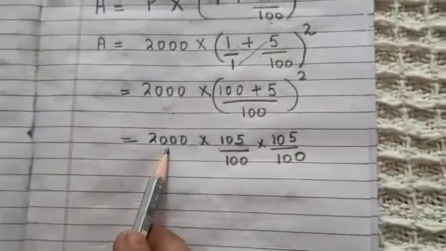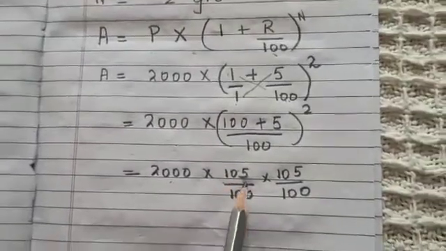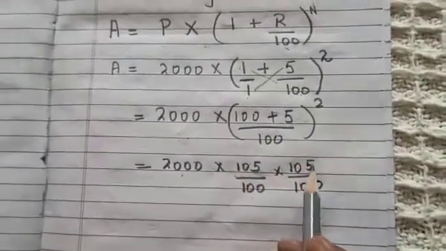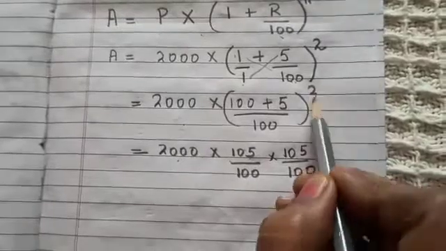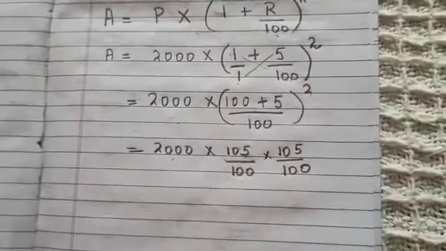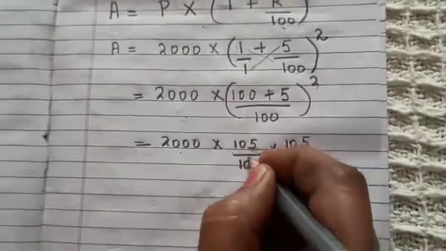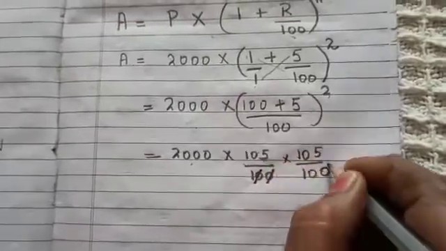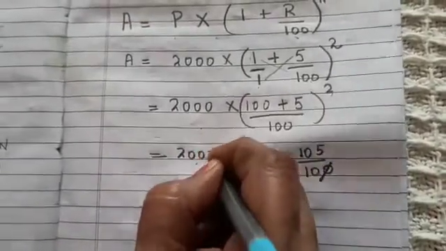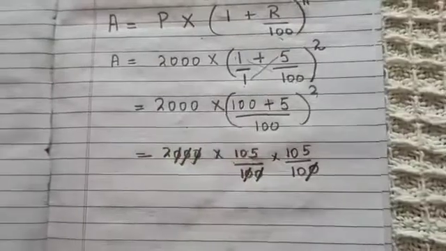So you have 2,000 into 105 upon 100 into 105 upon 100. Because this is 2, we have put it twice. Now let's cancel the zeros. So you have 1, 2, 3. So you cancel the 0. 1, 2, 3.